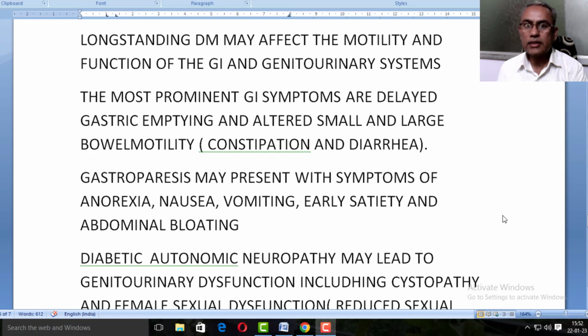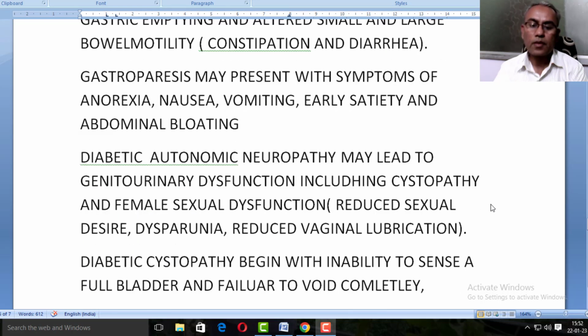Diabetic autonomic neuropathy may lead to genitourinary dysfunction, including cystopathy and female sexual dysfunction, that is reduced sexual desire, dyspareunia, painful coitus, reduced vaginal lubrication. Diabetic cystopathy begins with inability to sense a full bladder and failure to void completely.